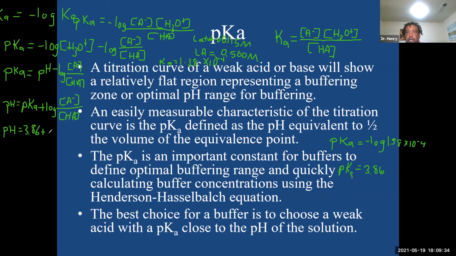Okay, plus the log of 0.115 over 0.50. Okay, so we'll get, so I get pH equals 3.86 minus 0.638.